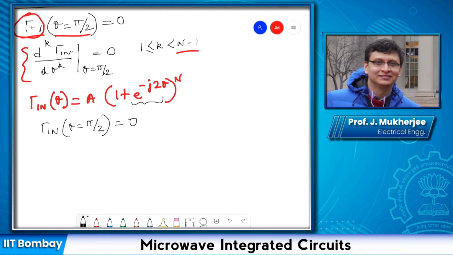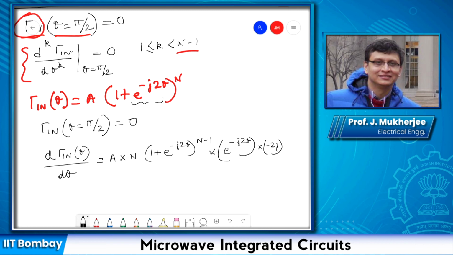Now if I take the derivative, say any kth, or say the first derivative, again what you can see is that this value will be equal to 0 at theta equal to pi by 2, and so this derivative will also be equal to 0 at theta equal to pi by 2.